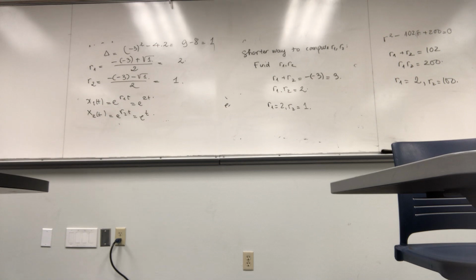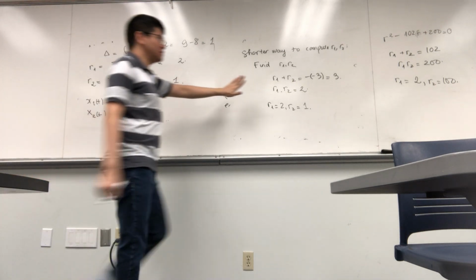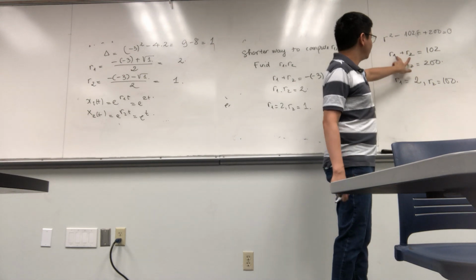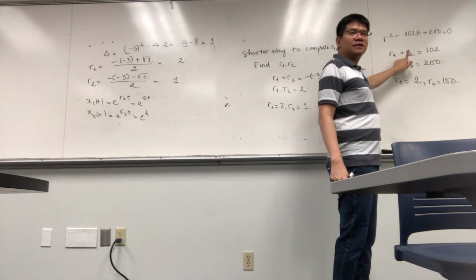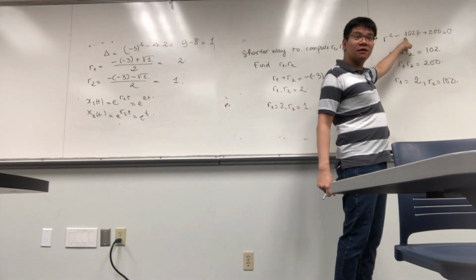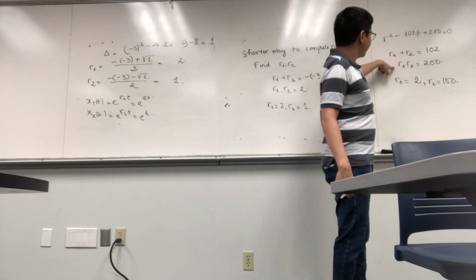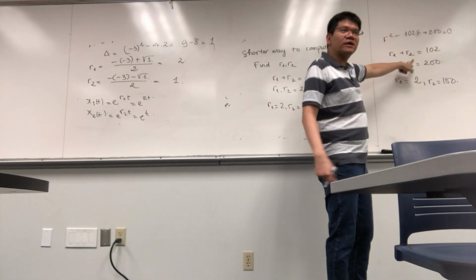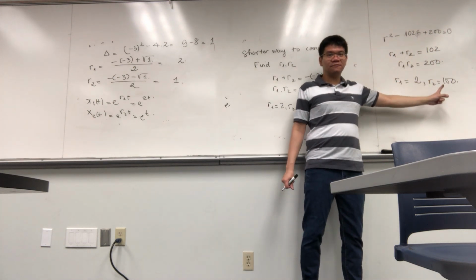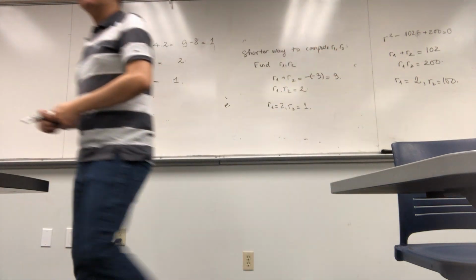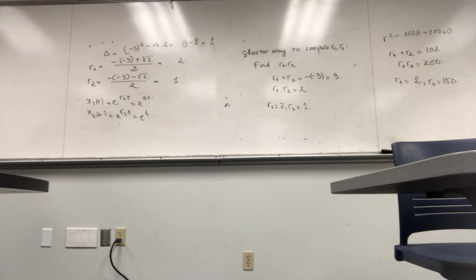This is shorter. You don't have to do the delta and divide things, because in this case the numbers are big. You can see right away that those are 2 and 100. Is it clear? Questions?